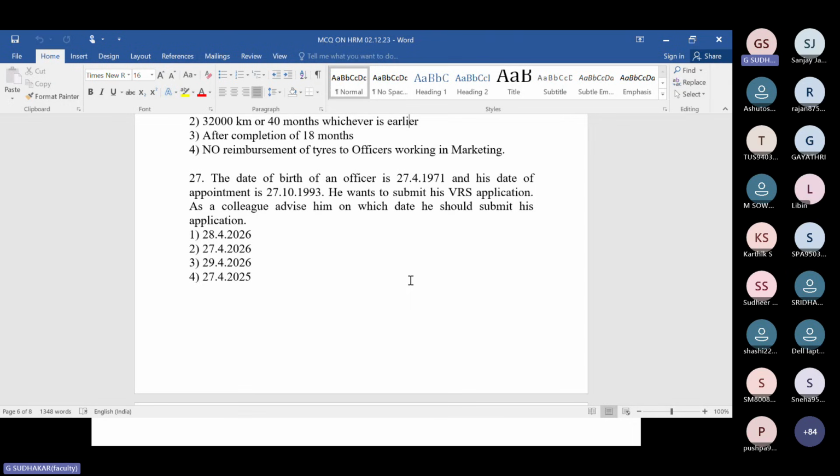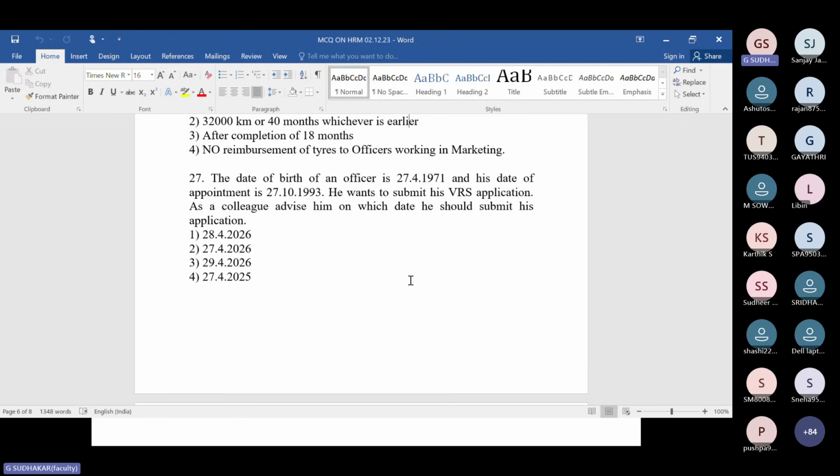If he has opted for the pension scheme, there is no need for 55 years. After completing 20 years of service he can opt for VRS, but he will get only proportionate pension, not the full amount. The question is wrongly framed, so you were not able to arrive at the correct answer.